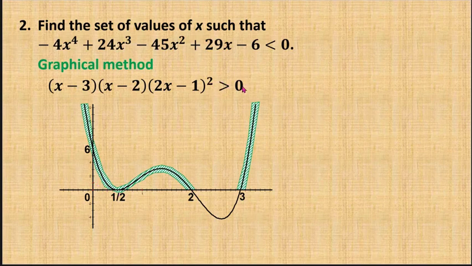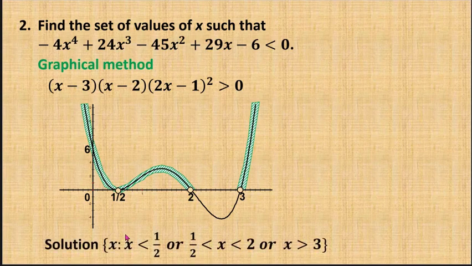Since the inequality is greater than 0, the critical points are not included in the solution. Therefore, the solution is x is less than 1 over 2, or x is between 1 over 2 to 2, or x is greater than 3.